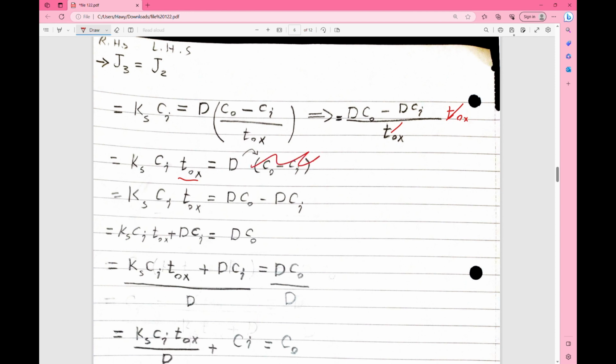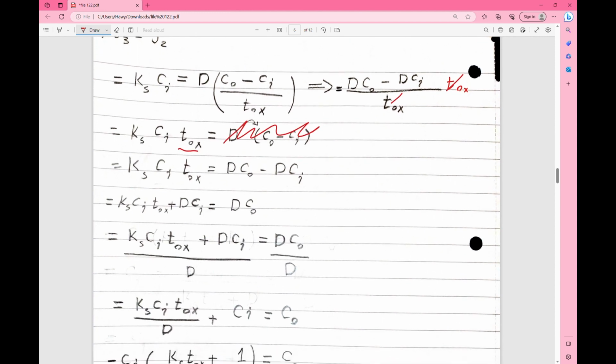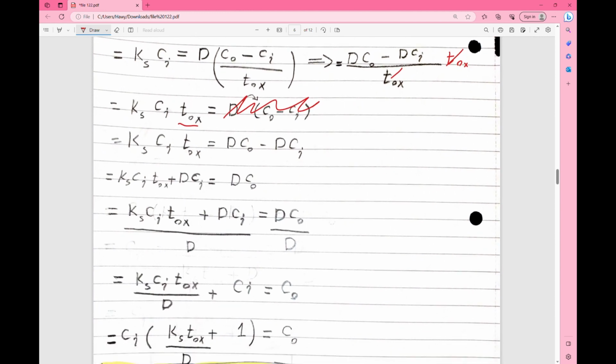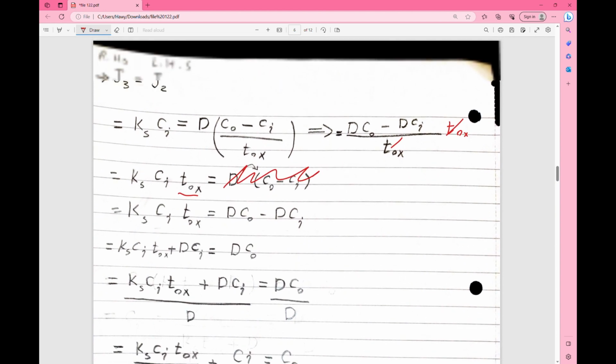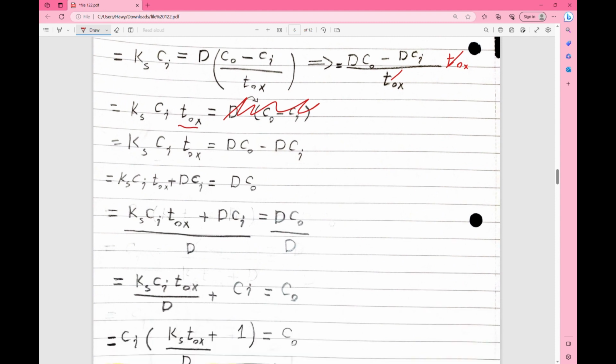No need for this, as we have already done it here. So it will be like this. Now we want the Ci to be on the right-hand side. We just take it by DCi, so this part will be gone and it will be here.